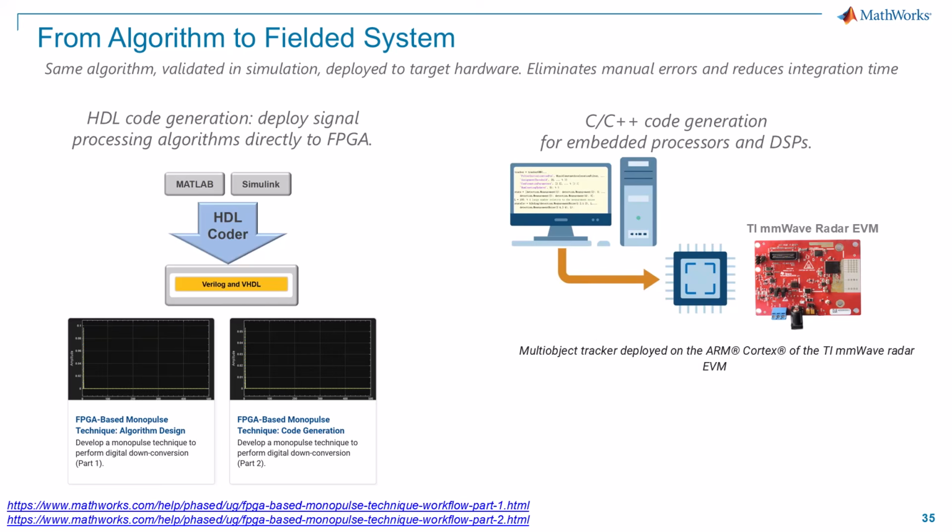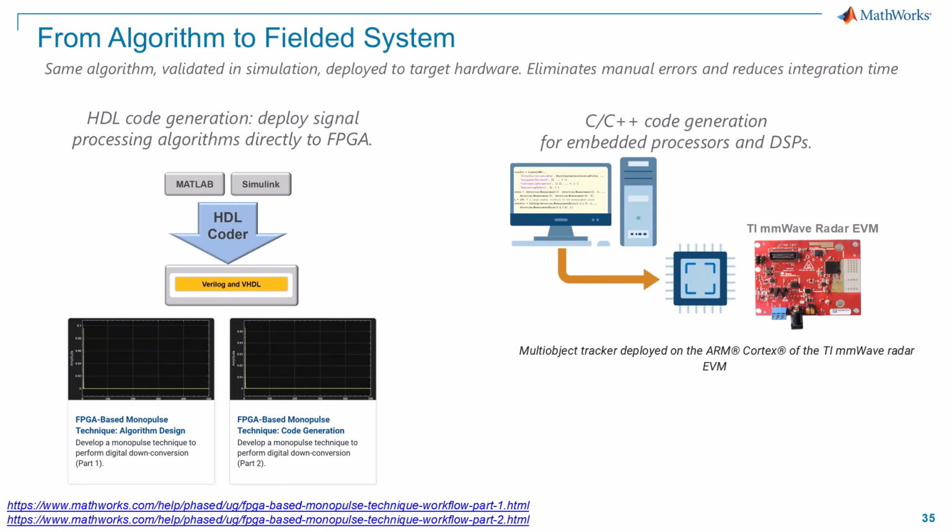On the right, C and C++ code generation using MATLAB Coder and Embedded Coder for embedded processors and DSPs. The specific example shown is a multi-object tracker deployed to the ARM Cortex processor on a Texas Instruments millimeter wave radar evaluation module. The value proposition is significant. Eliminate manual recoding that introduces bugs.